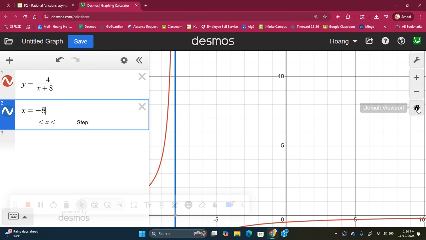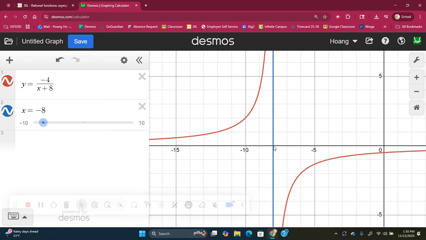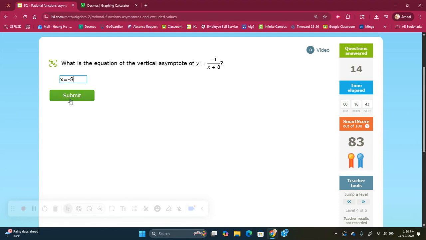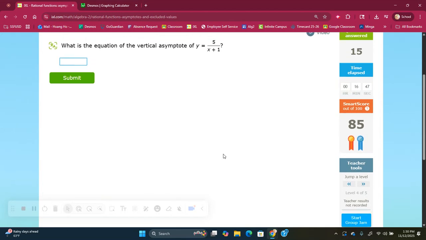Let's zoom out for you to see. Voila, right there. You see that? The vertical line x equals negative 8 is the vertical asymptote. You want me to zoom out a little bit? You can. You see? That is the graph. So I submit my answer over here. Voila. We can do a couple more.